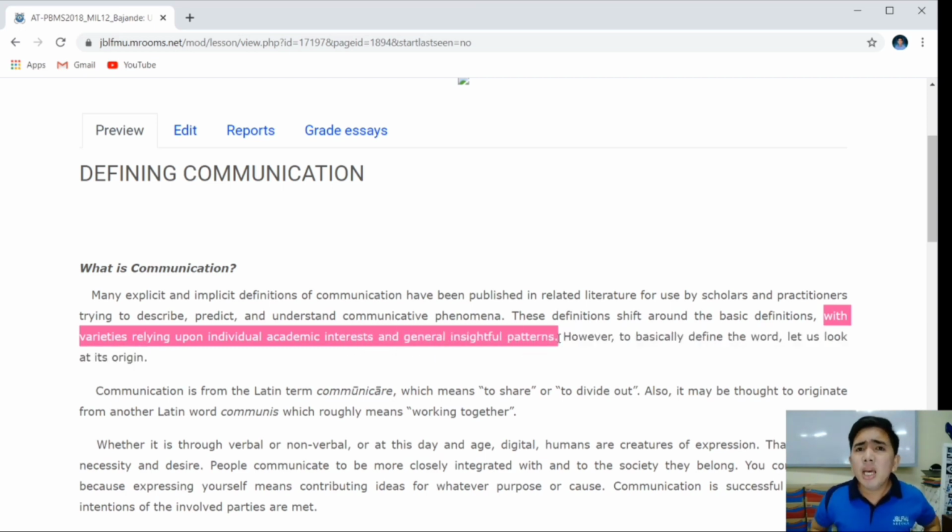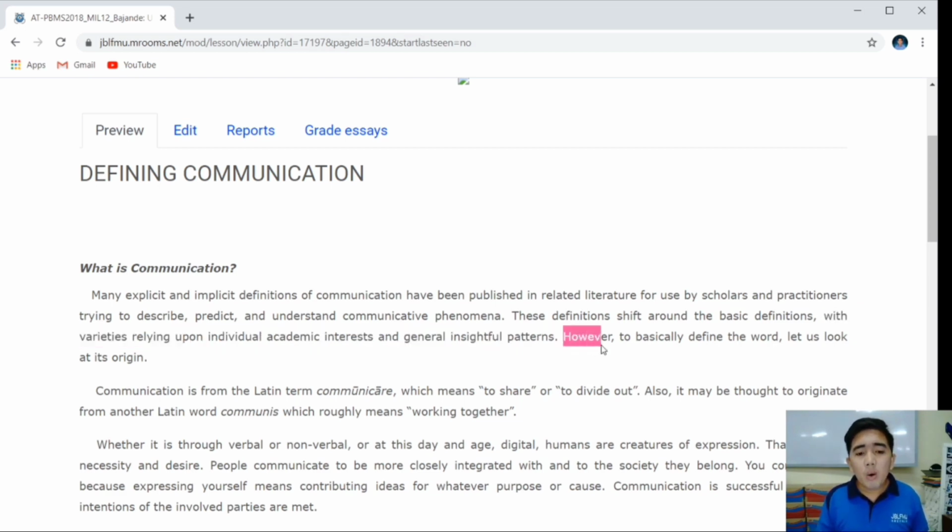So basically, communication can be used usually in school, in the academe setup, where we are trying to share information with one another, because of the context of education, and education is part of the academe.